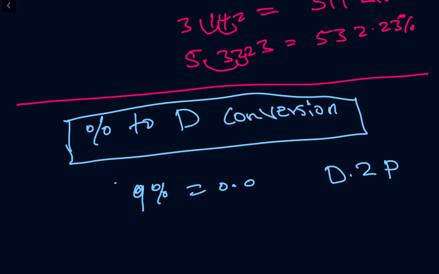Since now we are moving from percent to decimal, we need to move the decimal point 2 places to the left, since the decimal is on the left hand side in the formula. So now we're going to move the decimal place 1, 2. So we're going to get 0.09 as an answer.